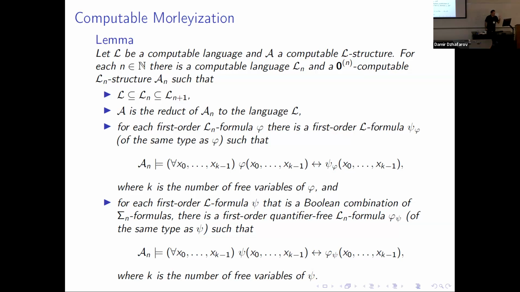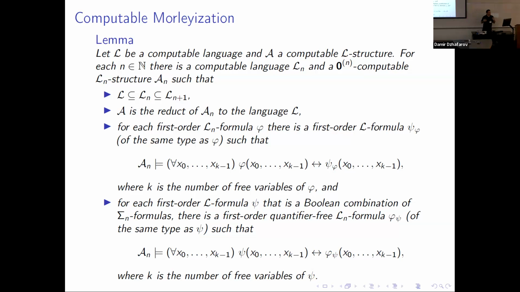Specifically, for each n, there is a language and a sigma 0 n constructive structure, such that if I have a computable structure I want to moralize, I add new relations to the structure to make everything quantifier free. Roughly, I add new relations, one for each formula, and I say this relation is equivalent to this formula.